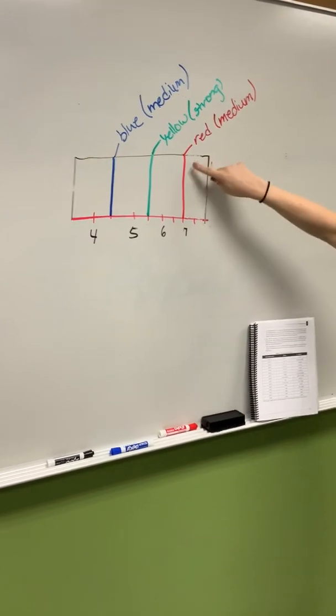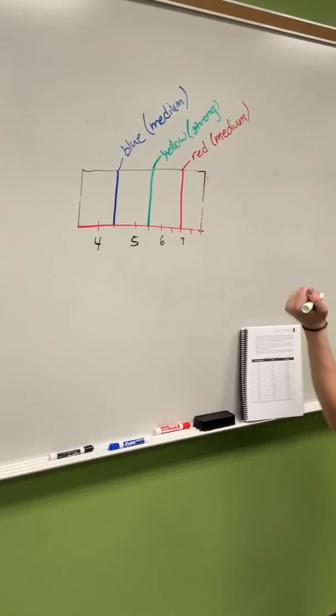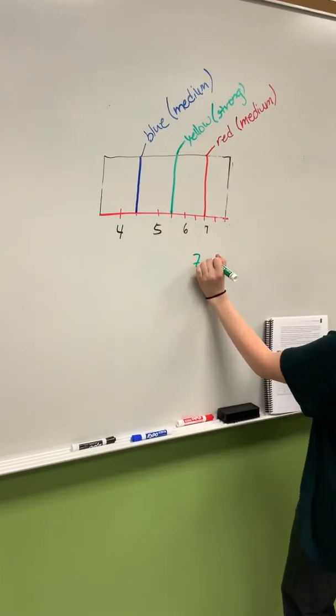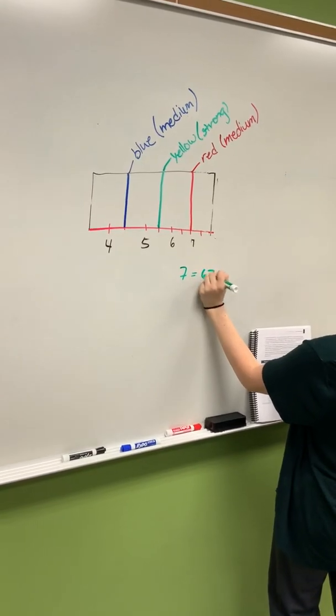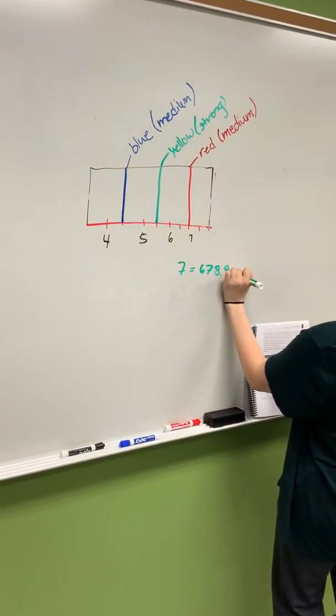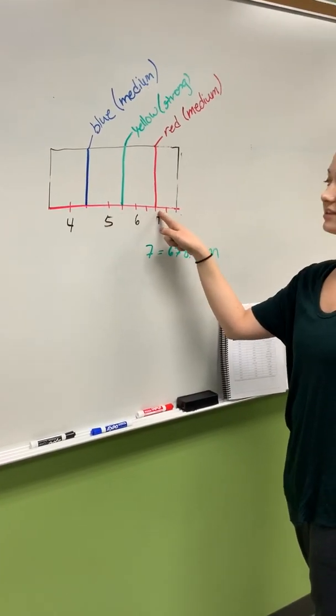So if we know that we have red of medium strength at 7, we know that 7 is going to be equal to 678.9 nanometers. That is the wavelength of light at that spot on that spectrum.